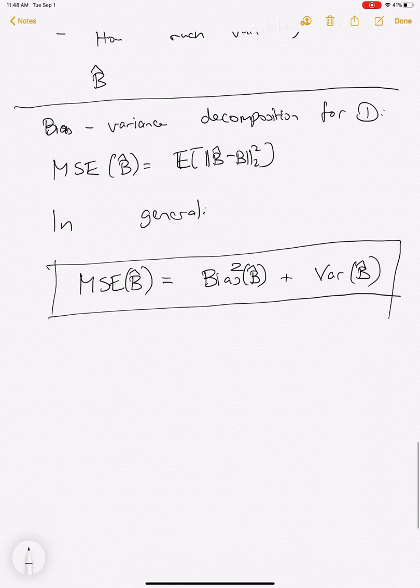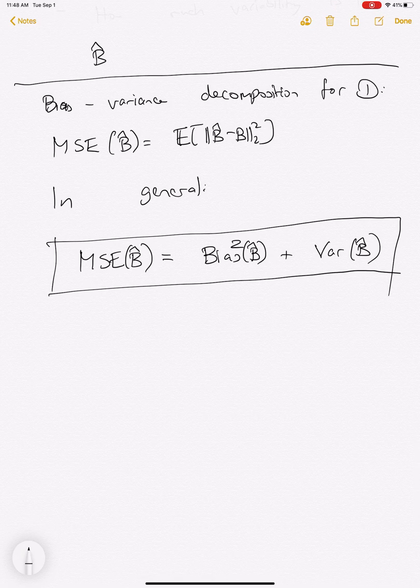The mean squared error of b hat is going to be the squared bias of b hat plus the variance of b hat. So if we view the mean squared error as a performance metric, we want low bias and low variance, ideally, to give us good performance.